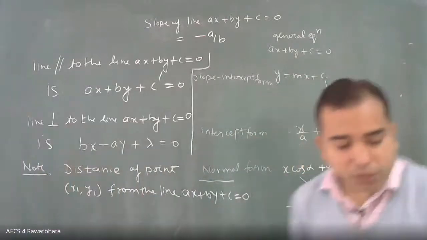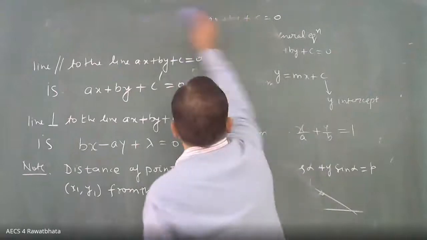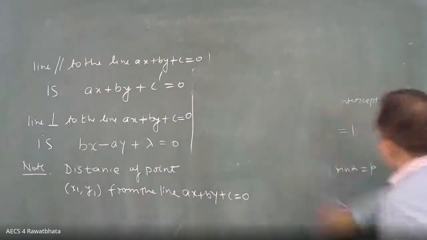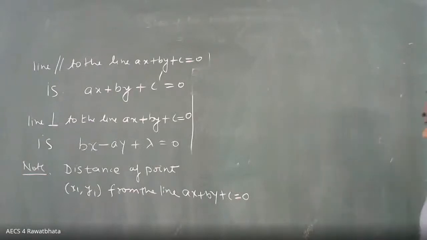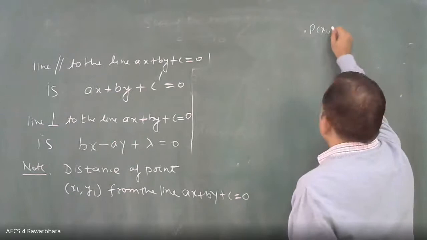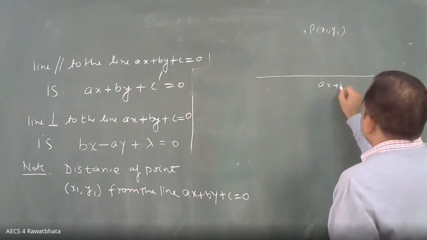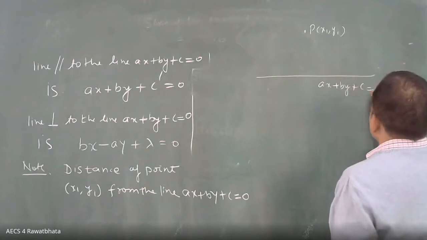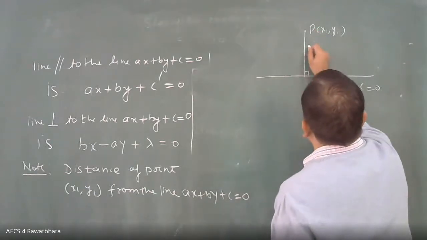If you have to find the distance of a point from a line, we have a formula. From this point x1, y1, drop a perpendicular to the line ax plus by plus c equal to 0. Say the perpendicular length is p.